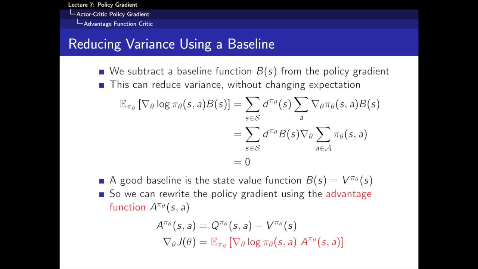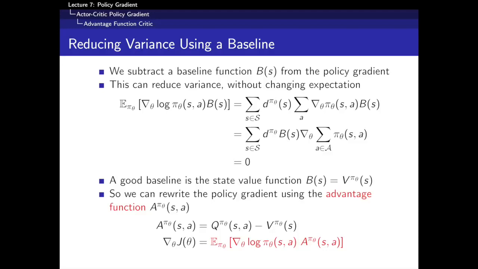This tells us how much better than usual it is to take action A. So we look at the q value of action A, which tells us how good it is to go left if I'm in a particular state, compared to how good it is to be in that state in general. And that tells us how much more reward than usual I will get if I take a particular action. And so intuitively, that's just the right quantity to use in our update.